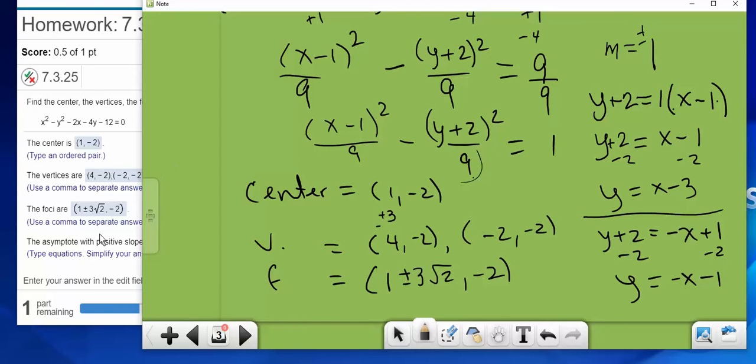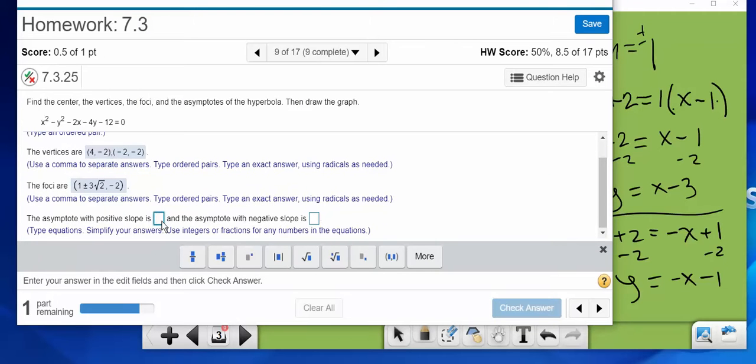So those are our two asymptotes: y equals x minus 3, and y equals negative x minus 1.